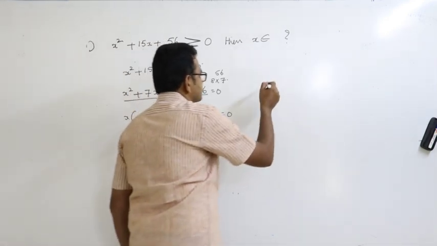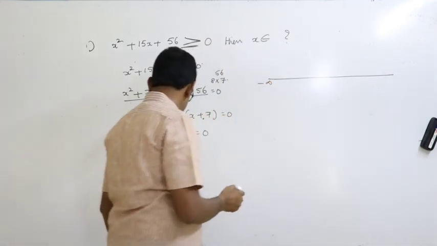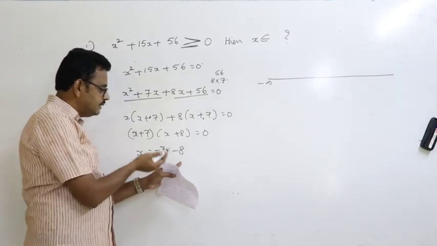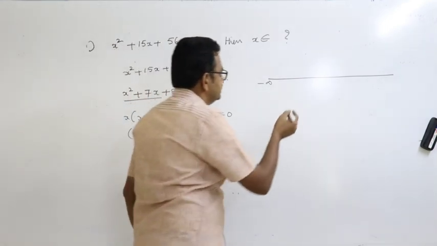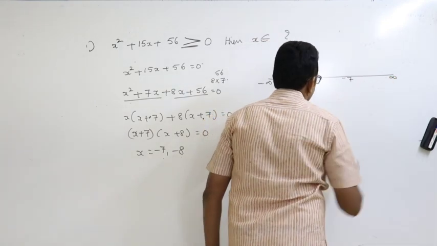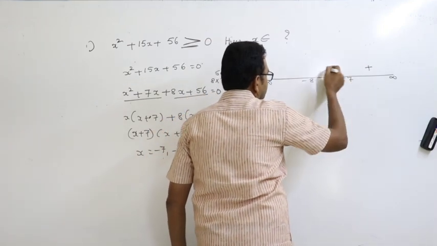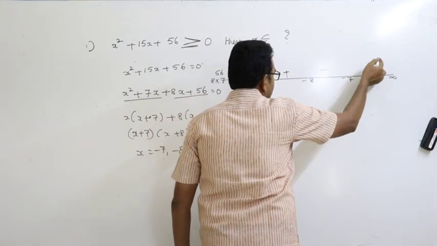So you can always put the wavy curve method: minus infinity, first you reach the point minus 8, then minus 7, then plus infinity. To the right of the bigger root put plus, minus, plus, alternate signs.